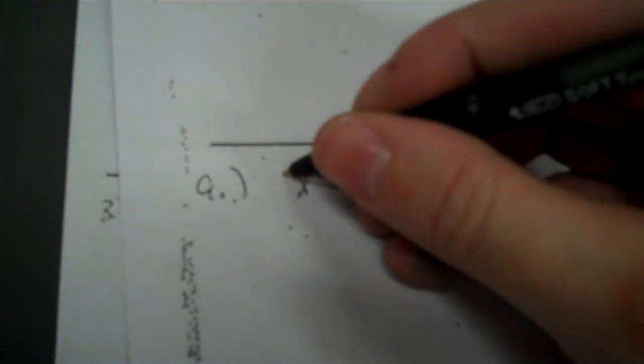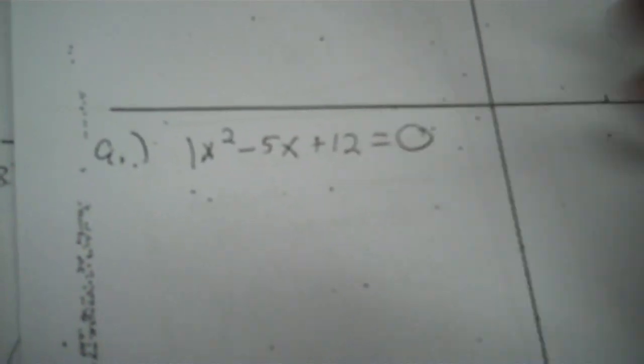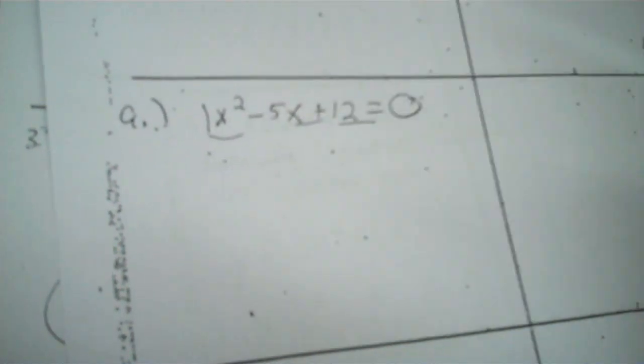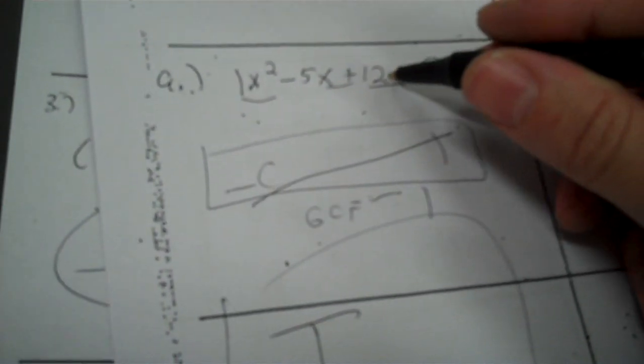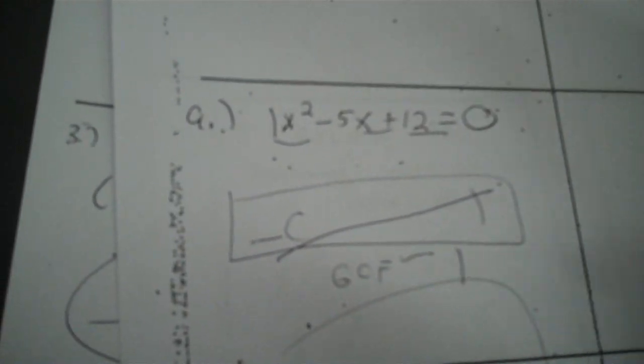Okay, two answers, but now you have x to the first. Okay, your zero's there, and you've got 3 terms. So GCF and table. GCF's 1, no need, wouldn't do an x, wouldn't do a negative.